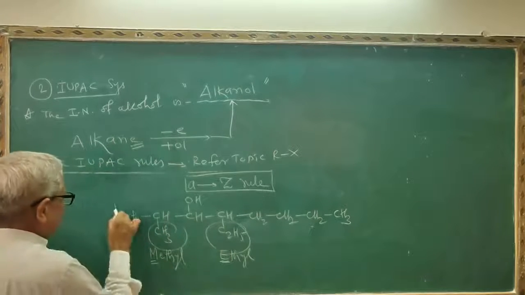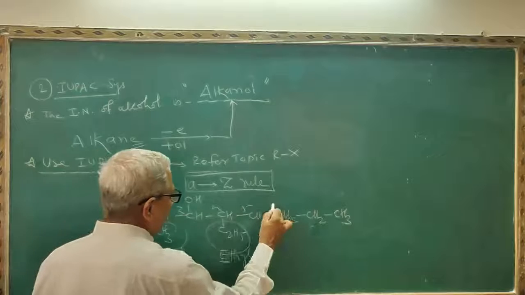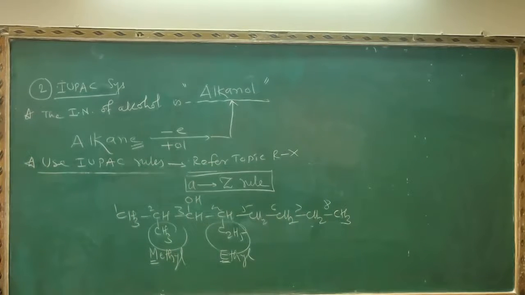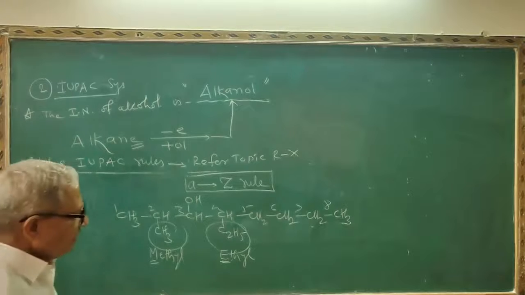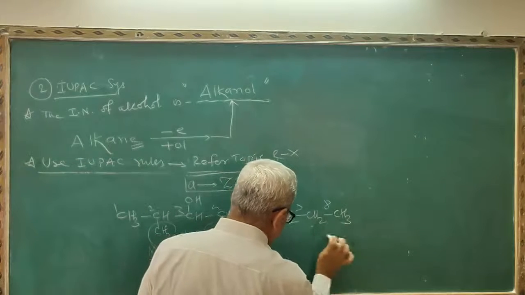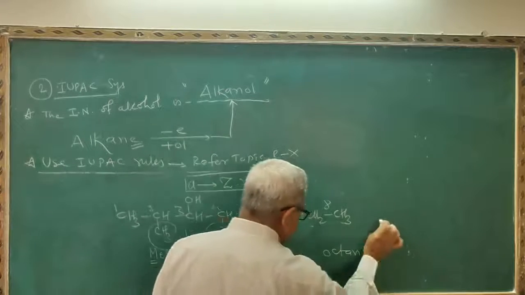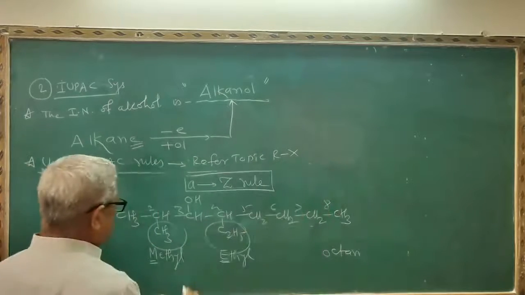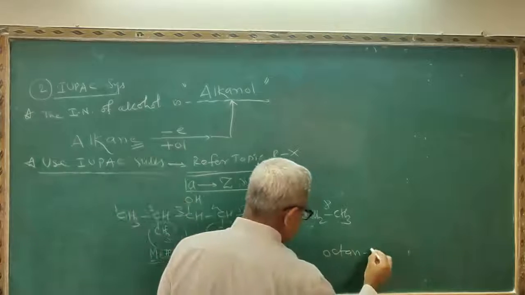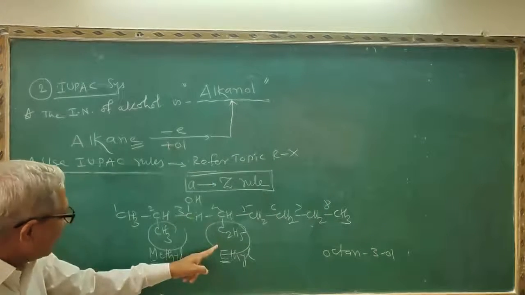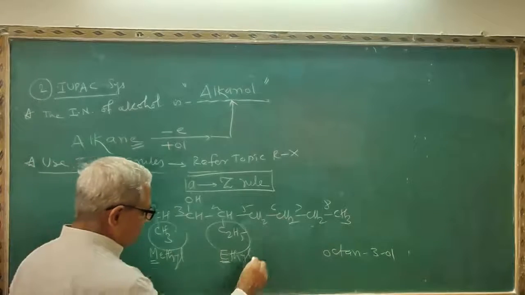So the longest chain contains how many carbon atoms? 8 carbon atoms. Therefore it is a derivative of octane. The suffix E is replaced by 3-OL. Now see the substituents: 4-ethyl, 2-methyl.